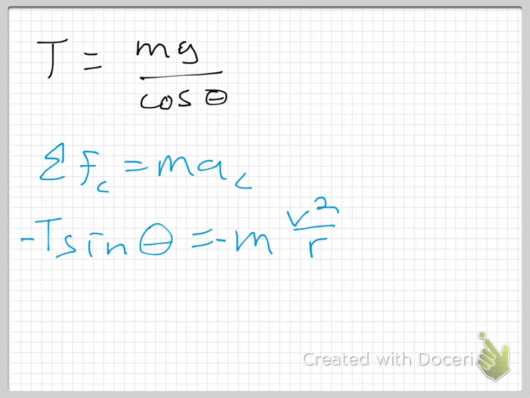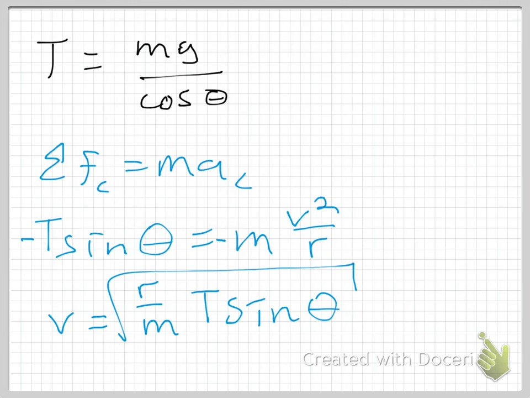I can solve this for v. If I cancel the negative signs, I get that v is equal to the square root of r over m times T sine theta. Oh, I'm sorry, that should be under a radical because it's v squared.